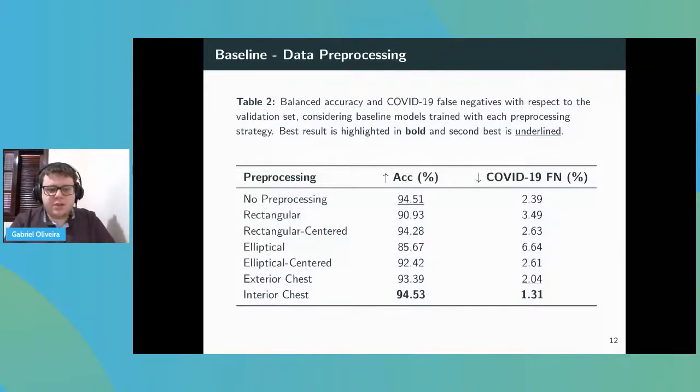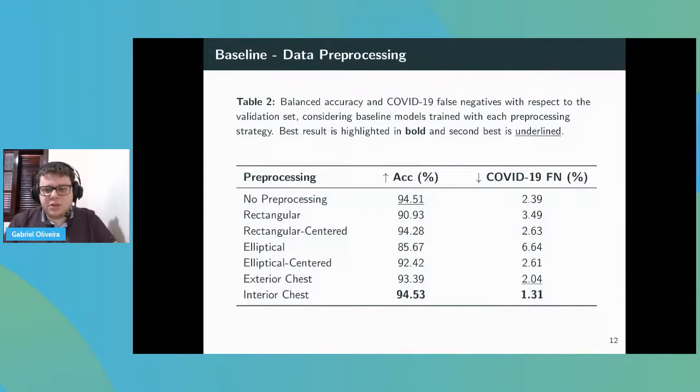Here are the results of our first experiment, with the different metrics. The first one, the ACC, is the balanced accuracy, a common metric used in multi-class classification. The second one is the COVID-19 false negative rate.